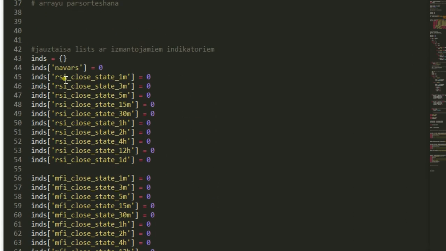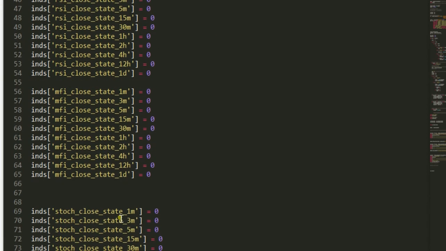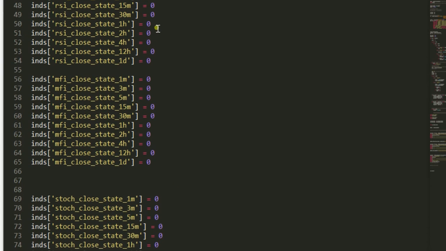In my case, I have live indicators in one database and the backtesting indicators in another database, and they are indexed differently. So I decided I need to make another array which takes all the indicators from the database and stores them in such an array format, like RSI close state 1 minute, MFI close state 1 minute, and the stochastics close state 1 minute.